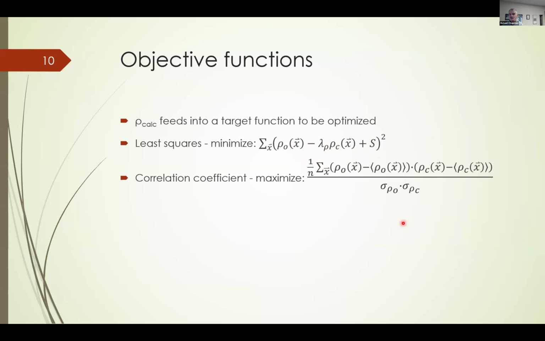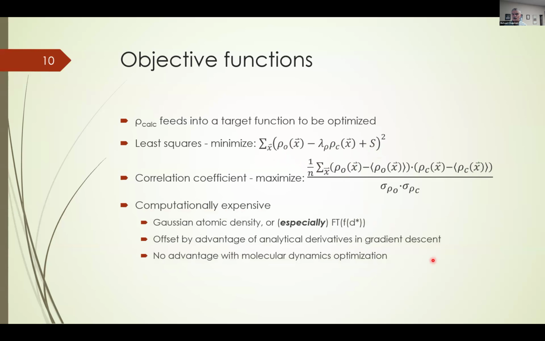You can do something very similar with correlation coefficients, and both of these are pretty expensive computationally, and even more so when you're calculating the density by Fourier transform of scattering factors. When optimizing by gradient descent, there is some offset because we have available analytical partial derivatives from the closed form integrals.